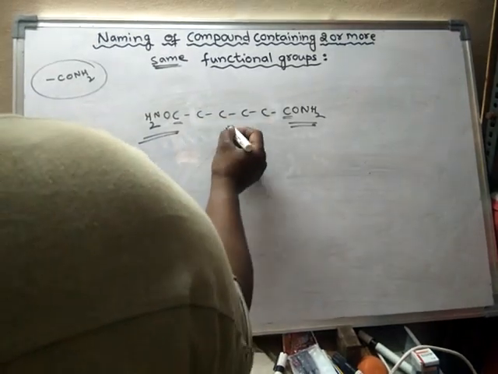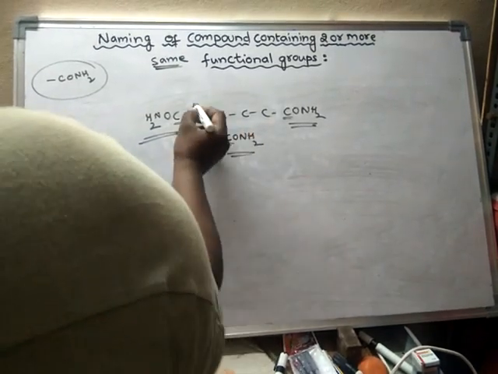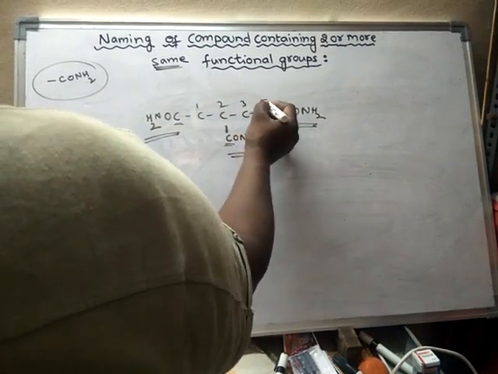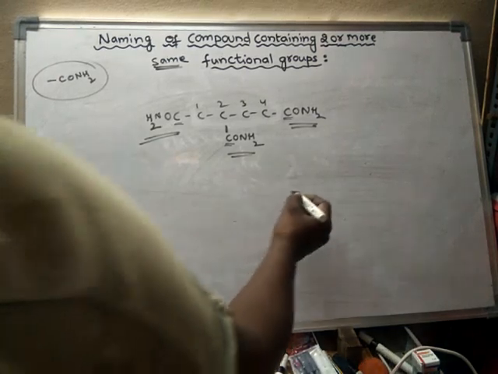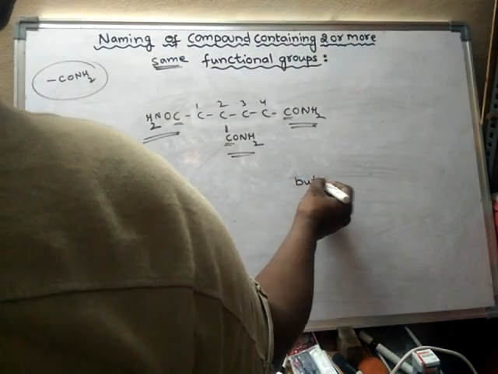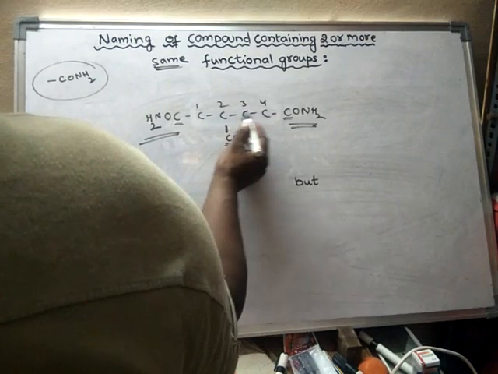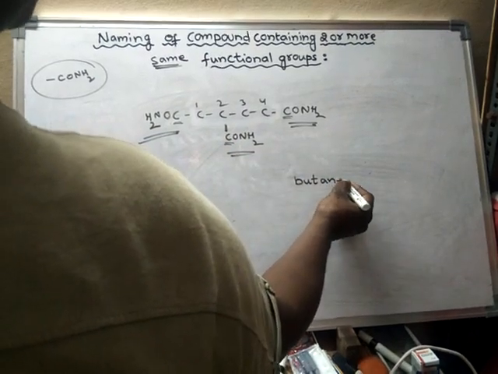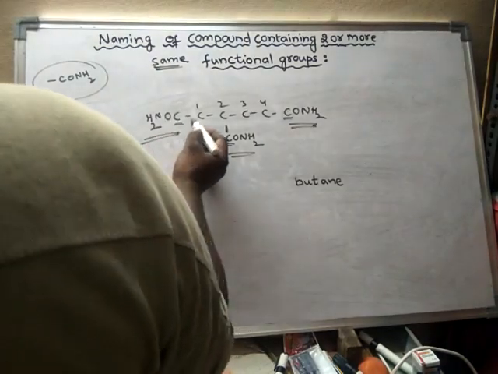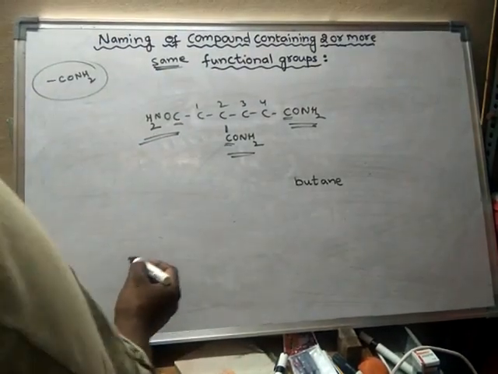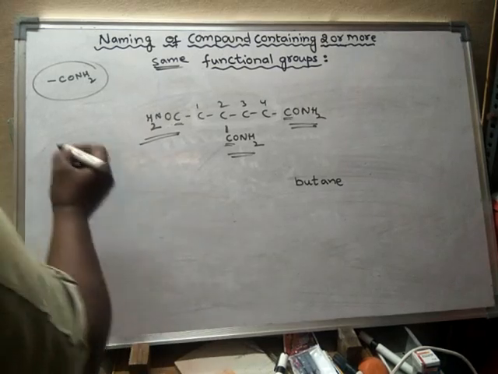How many carbons are there? 4 carbons. So 1, 2, 3, 4. Hence, again between carbons only single bonds, butane. Normally we call this amide.